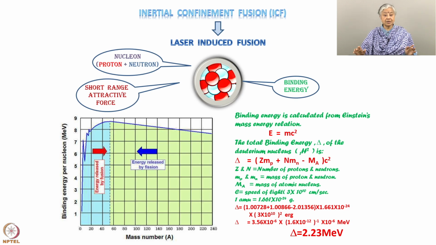So, I will be dealing a lot with this inertial confinement fusion, in short ICF. You will slowly begin to understand why it is called inertial confinement fusion, but it is brought about by lasers.